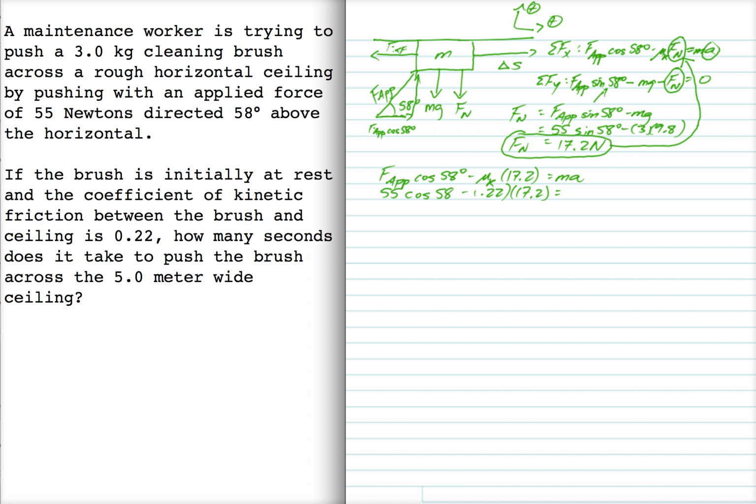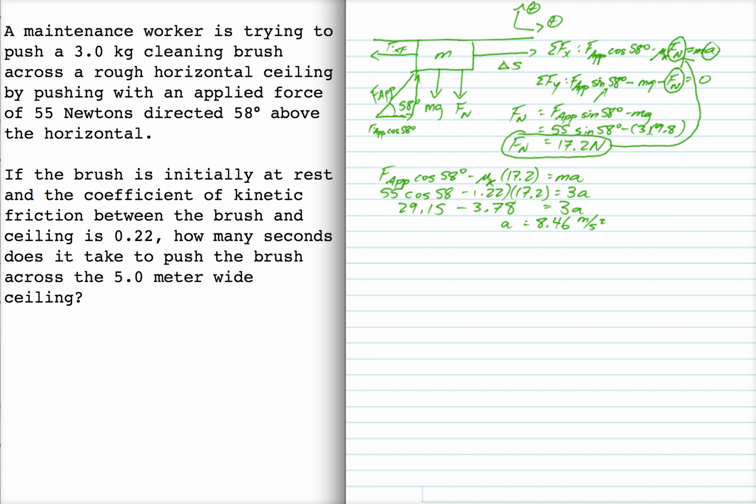The mass is given as 3 kilograms. I can then solve for A, so I get 29.15 minus friction, which isn't much, but it's there, and I get A is equal to 8.46 meters per second squared.